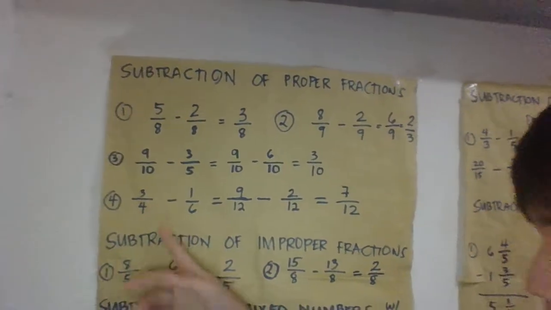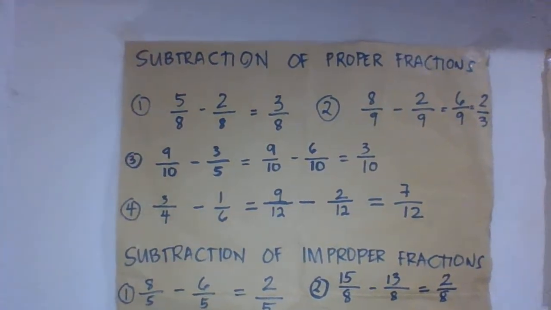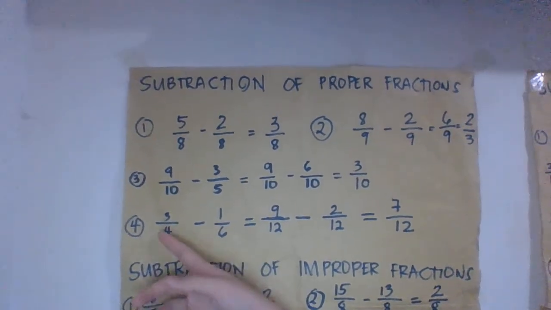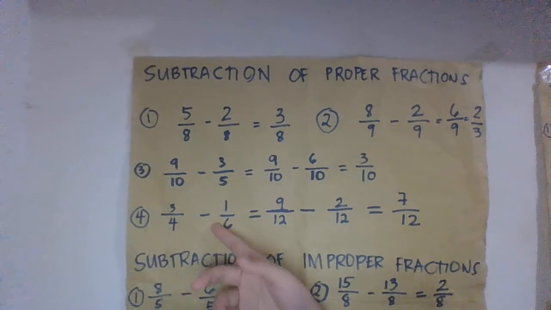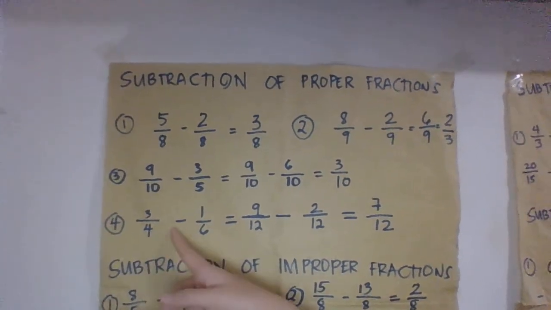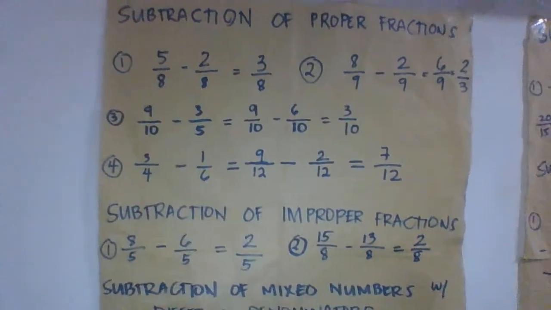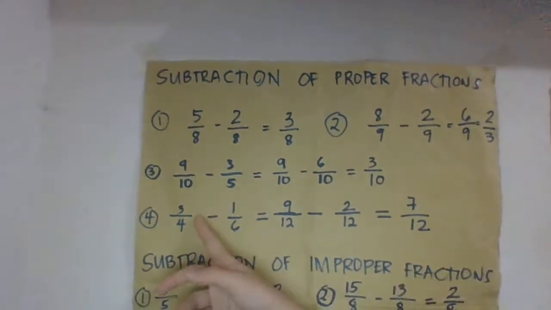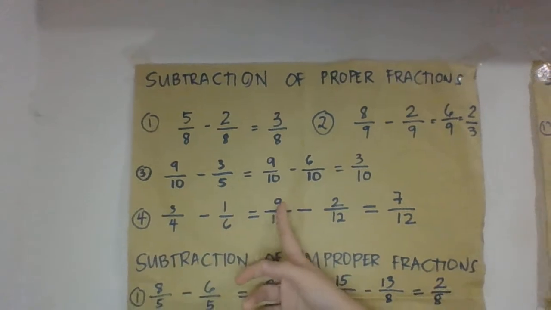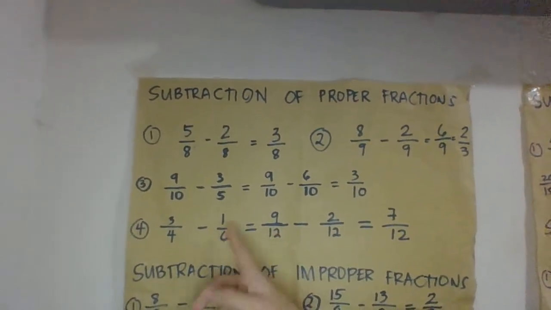Number 4. 3 over 4 minus 1 over 6. We need to find the LCD because they are not like denominators. 4 times 3 equals 12. So we also need to times this by 3, and 3 times 3 equals 9. 6 times 2 equals 12.